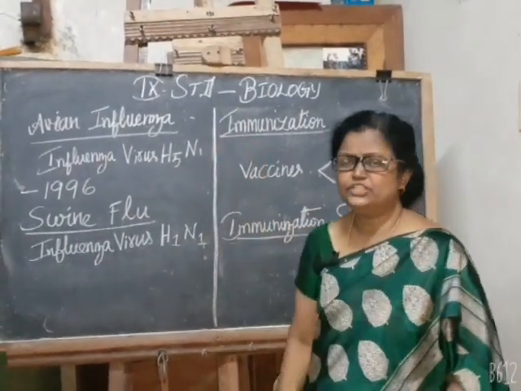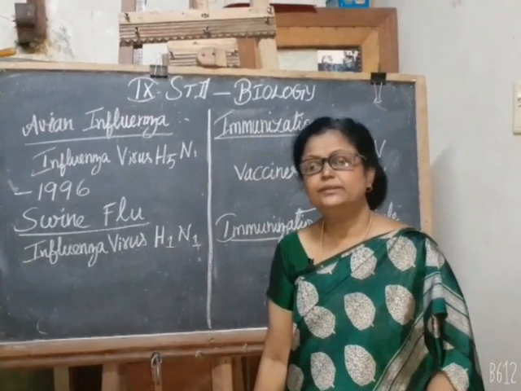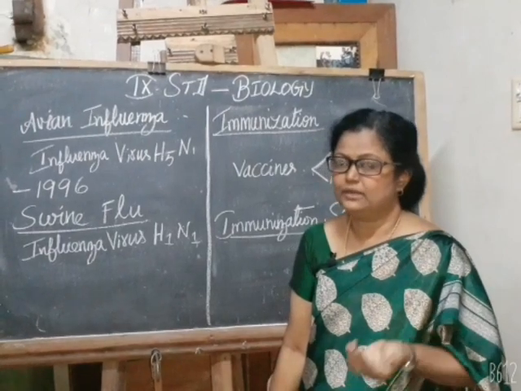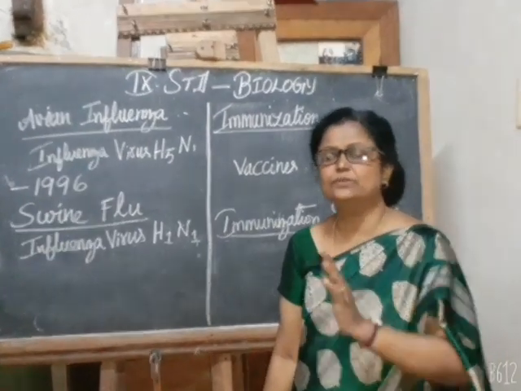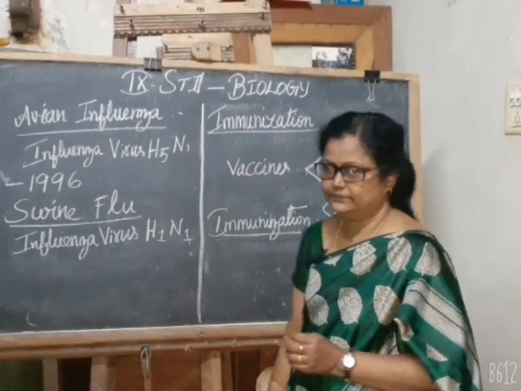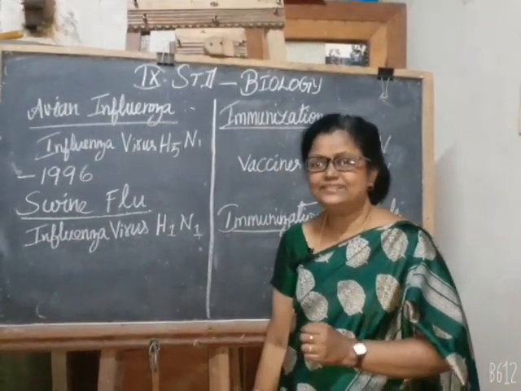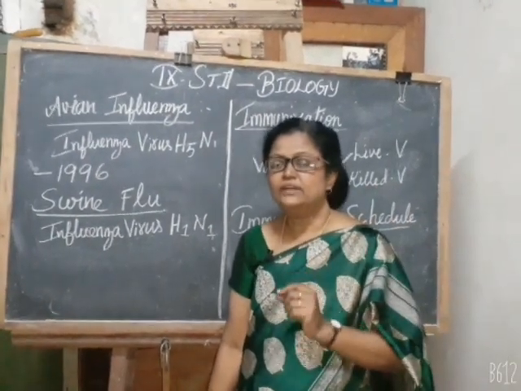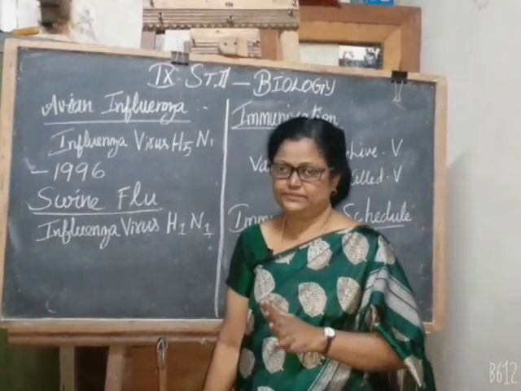Immunization. Immunization is a process of developing resistance to infection by administration of antigens or antibodies. Next one is the vaccine. The vaccine is prepared from live or killed microorganisms.